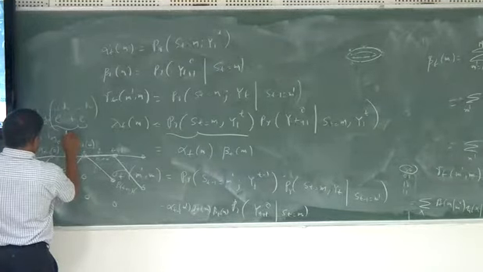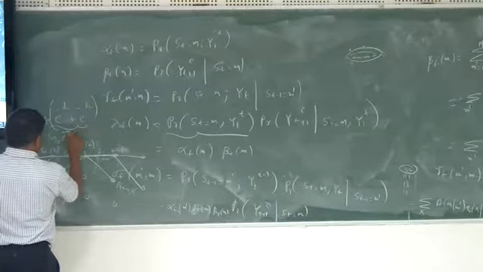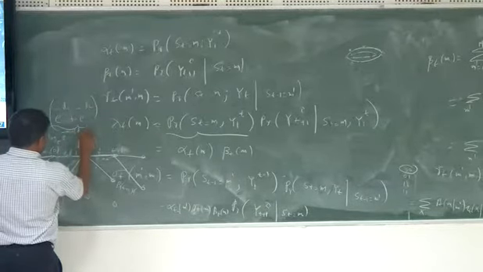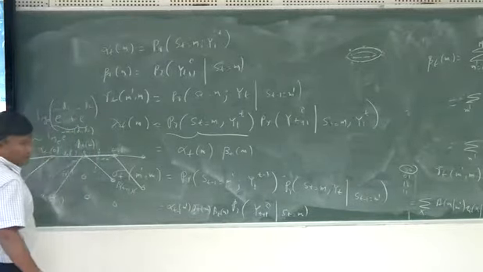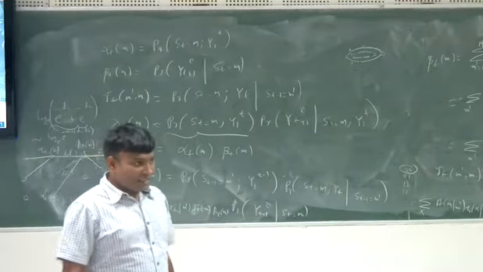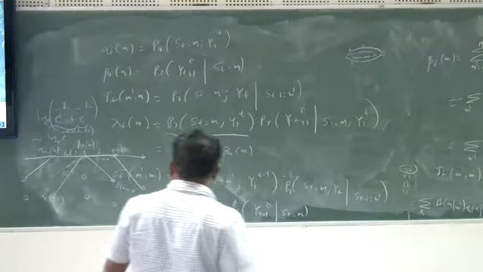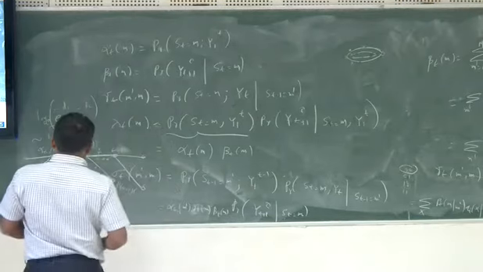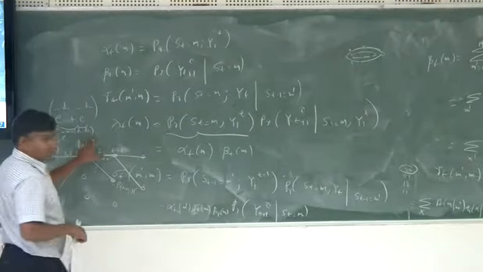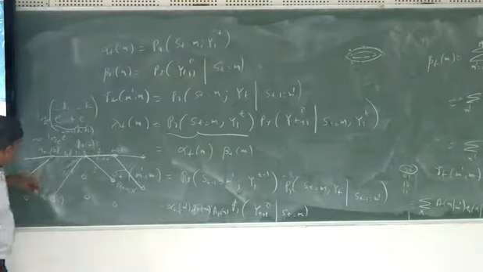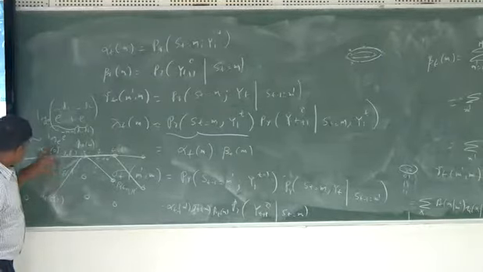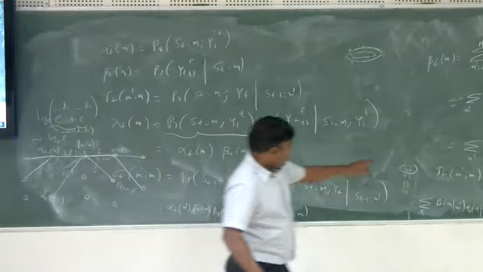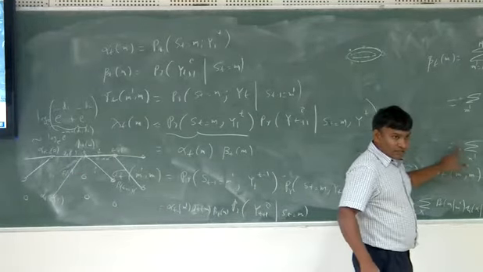So e raised to minus min of d1, d2, with the minimum distance, and that will become min of d1, d2. So at every stage you can take the logarithm of the summations.